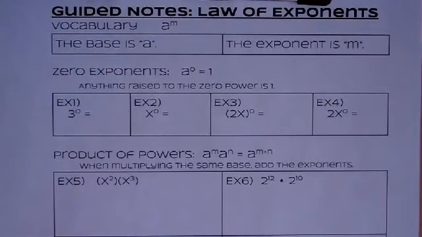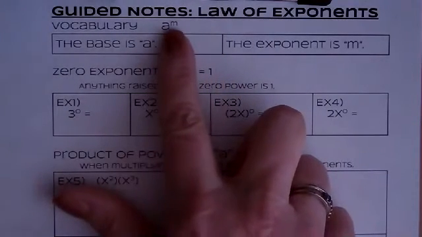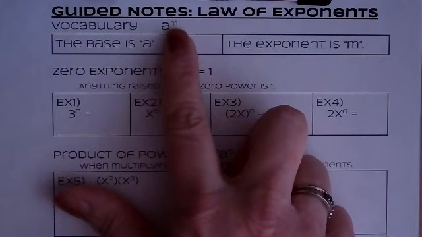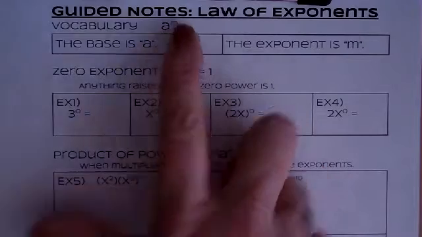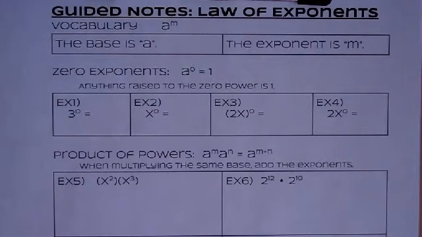Okay, so let's just go back really quickly to our vocabulary. Everybody knows what an exponent is, okay? Sometimes they're called powers. So right here, a to the m power is how I would say that. M is my exponent.